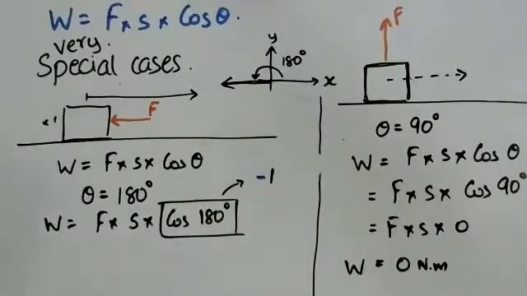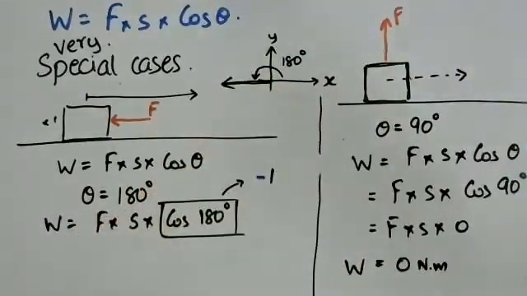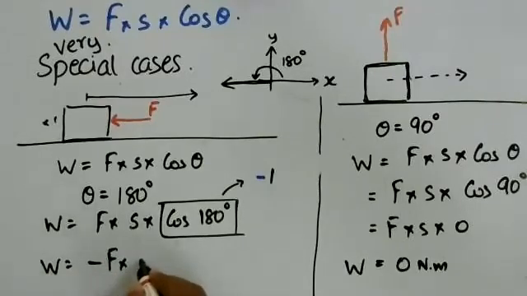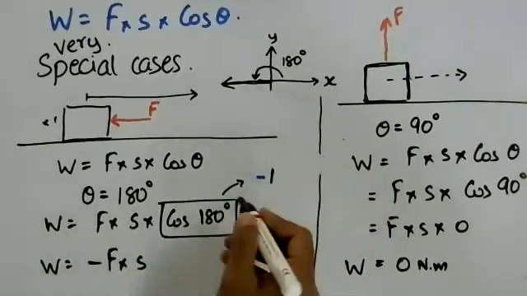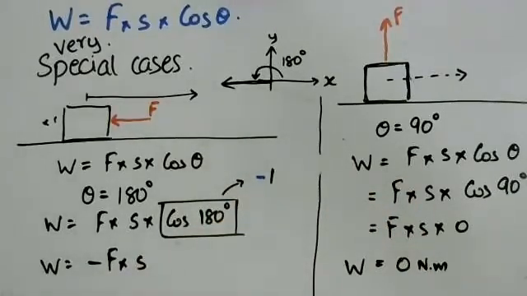So cos 0 is 1, cos 180 is minus 1. That leaves us with another form of the equation: work is equal to minus Fs. Because it's minus 1, the one is taken care of, but the negative won't go anywhere.